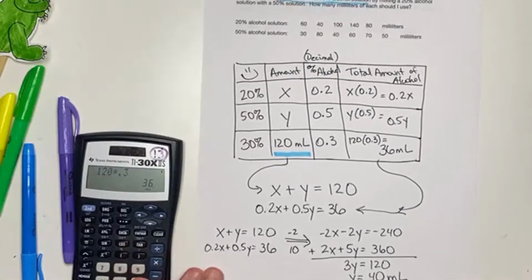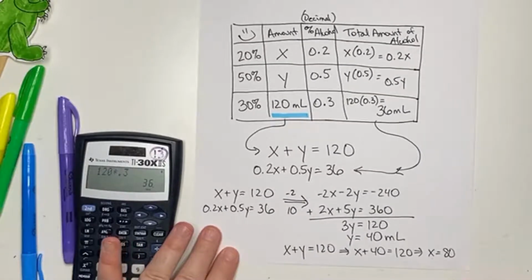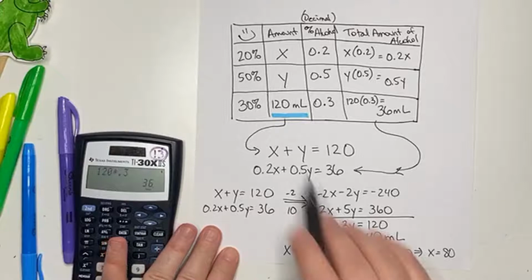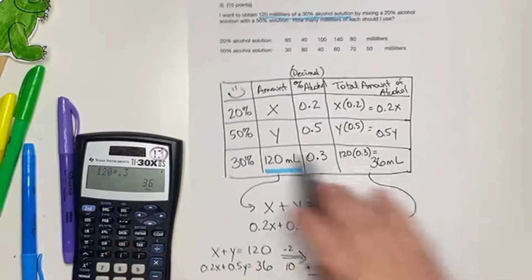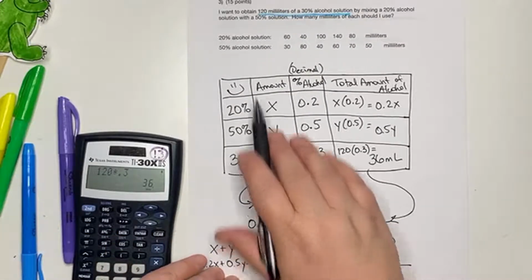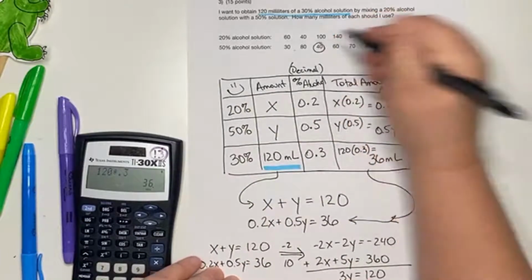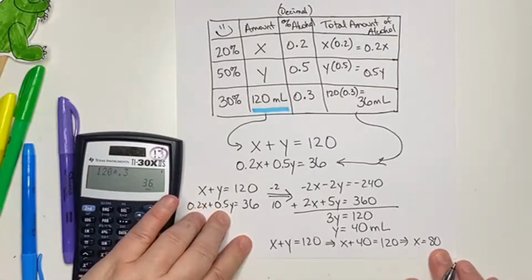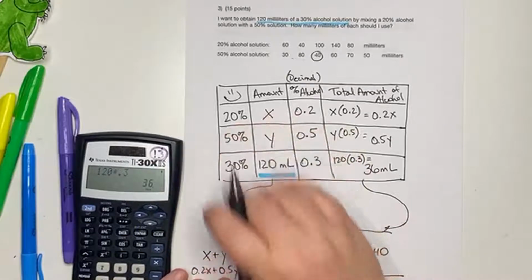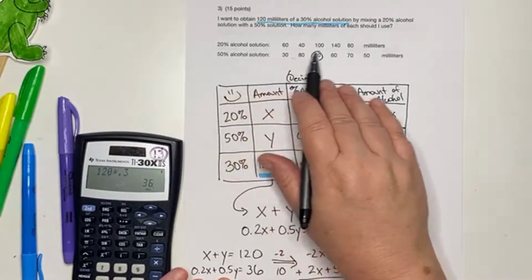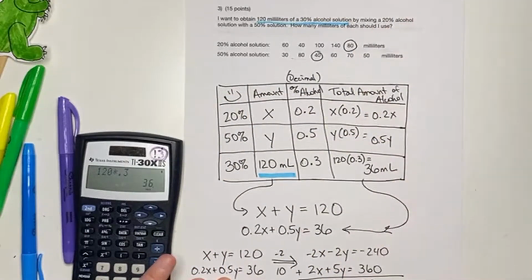Let's come back up here. Wait a minute. Let me double check. Y is 40. Y is the 50%. So the 50% one is 40. That's right here. And x is 80. X was the 20%. That's the 20% alcohol solution. There's 80 right there. Woohoo.